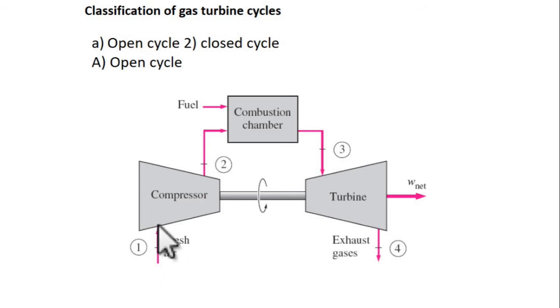The air comes from the atmosphere to the compressor and is compressed and passes inside the combustion chamber where combustion takes place. The hot gases pass through the turbine, and the exhaust gases are passed to the atmosphere. So this is the open cycle.